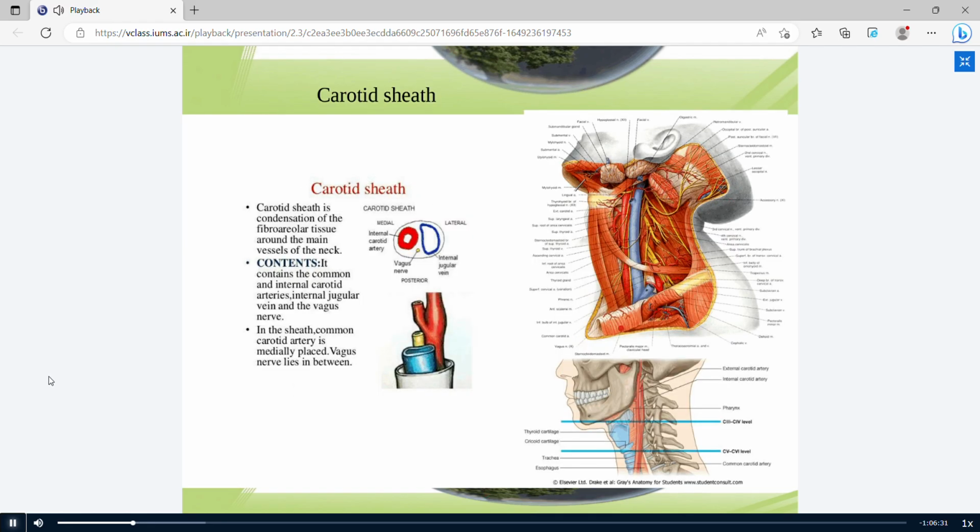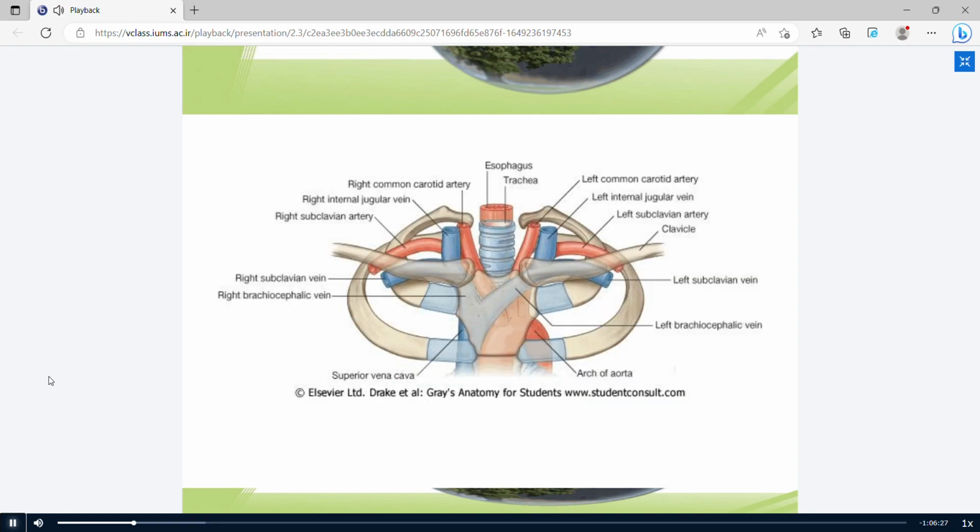First, I explain the common carotid artery. Left and right common carotid arteries have different origins. Please look at this picture. This is the left common carotid artery, and this one is the right common carotid artery.